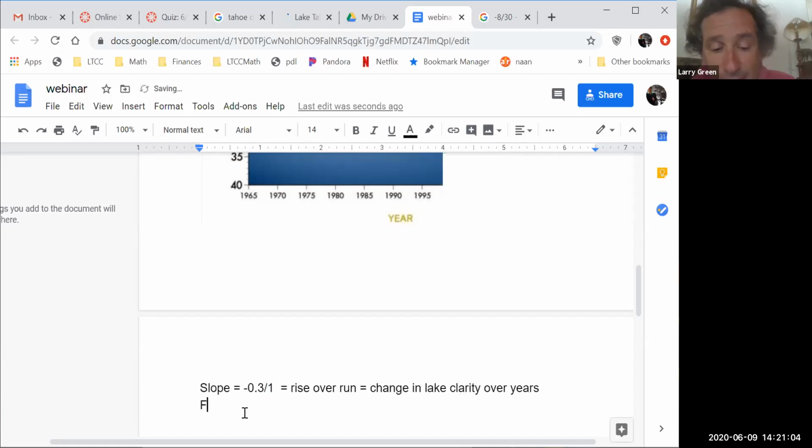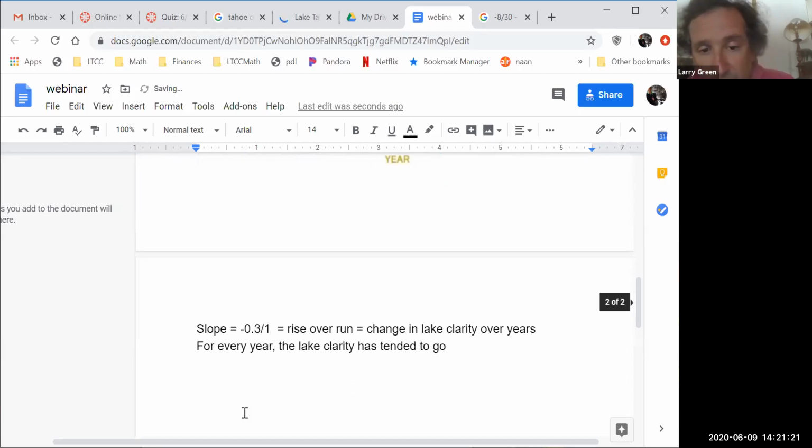So we can say that for every year, the lake clarity has tended to go down by an average of 0.3 meters.